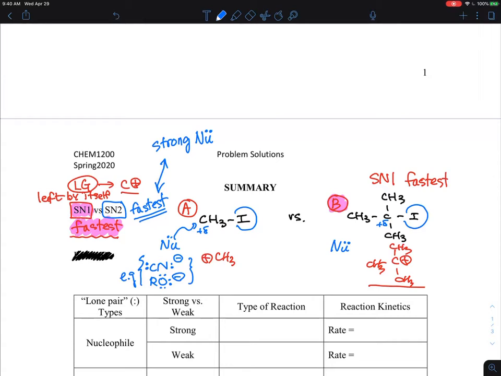What do you think? Which one will be your fastest SN2 reaction? Can anyone try? The answer is A will have the fastest SN2. Okay, so this is the SN2 fastest.